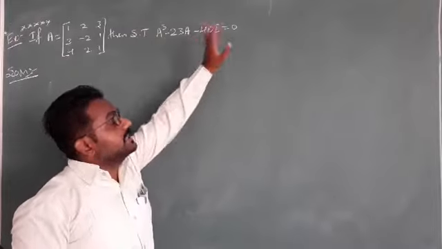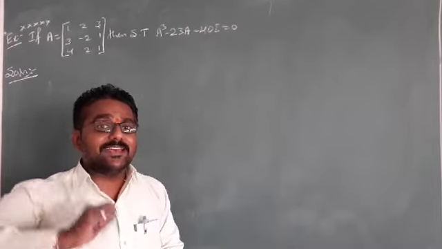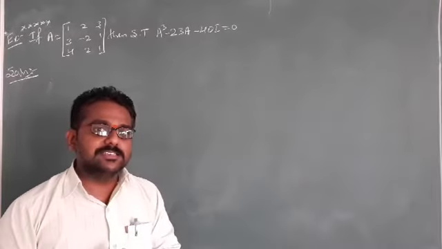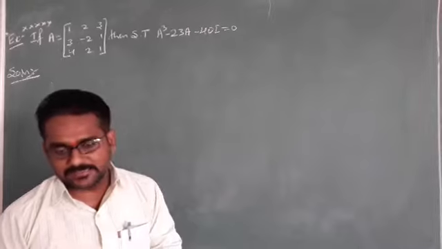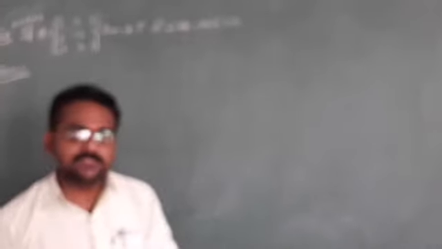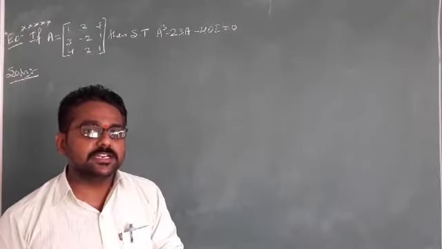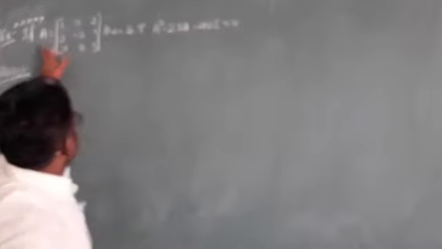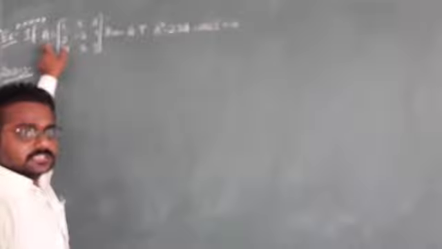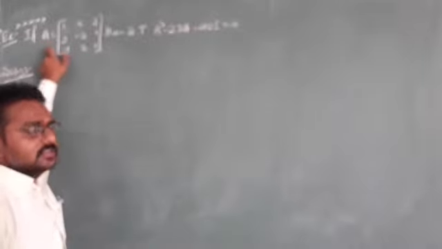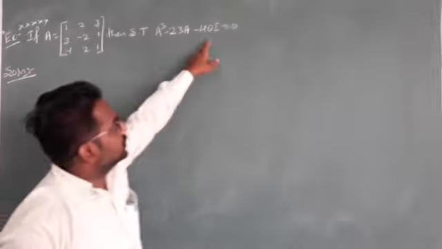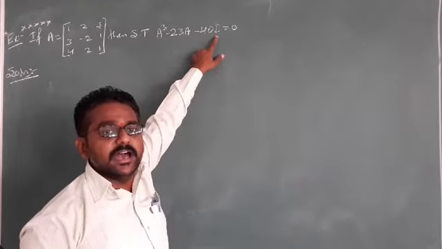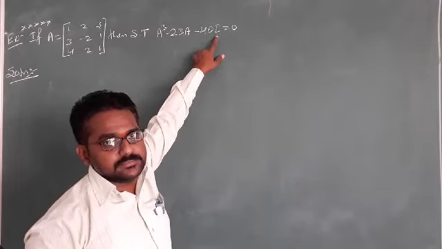Next, minus 40I is there. What is I here? I is the identity matrix or a unit matrix. Of what order do you have to take here? Simple, students. The order of the given matrix A, the same order you have to consider for the identity matrix.